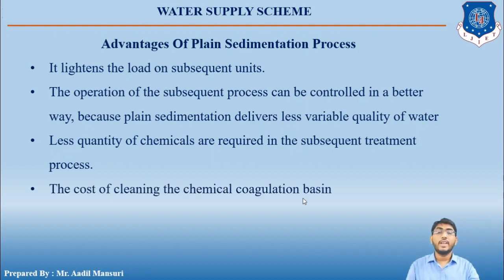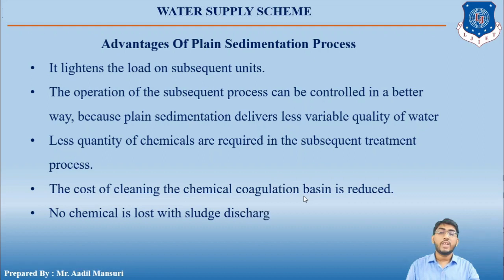The cost of cleaning the chemical coagulation basin is reduced, right? Because the majority of these suspended particles are removed in plain sedimentation. Next, no chemical is lost with sludge discharge from the plain settling basin.